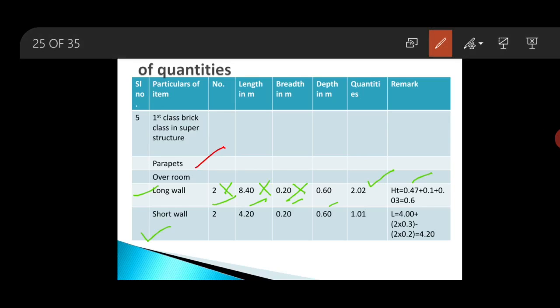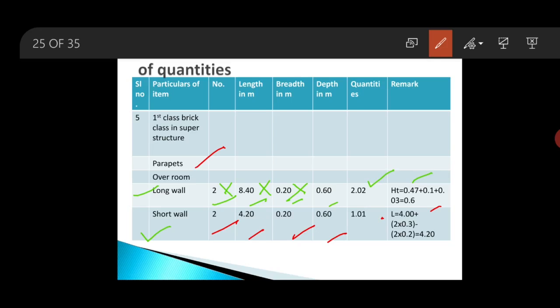So parapet over short wall will be equal to number 2. Length is 4.2, width is 0.2 and depth is 0.6. See here in the remark column, first you will write down 4 plus 4, which is the inside dimension of the wall. Then with that you will add 2 into 0.3, 0.3 on both sides, that is thickness of the wall, to move to the out to out.